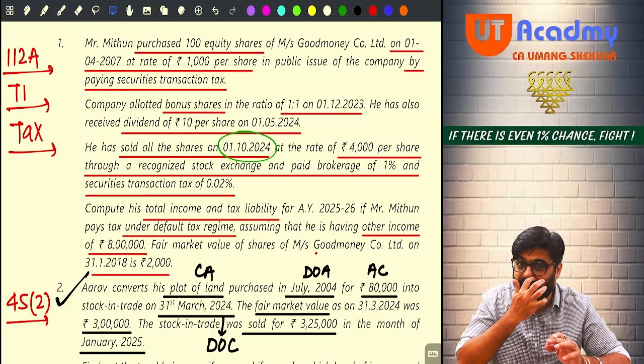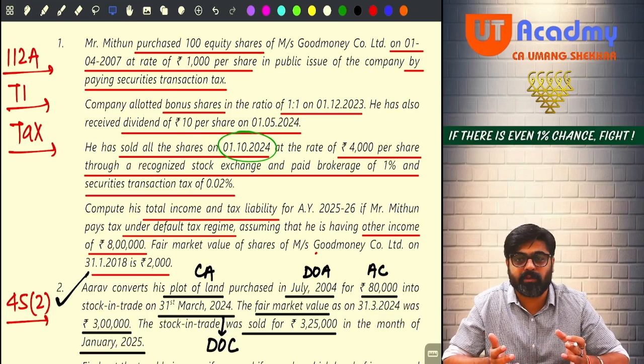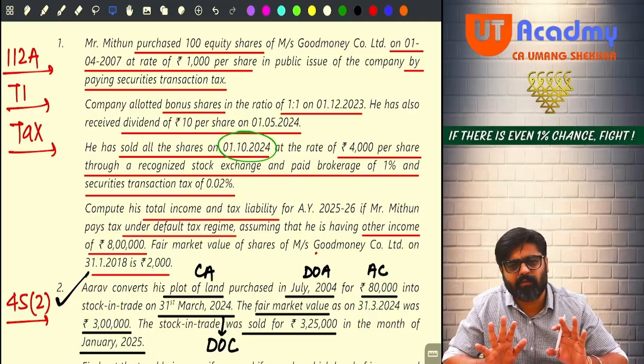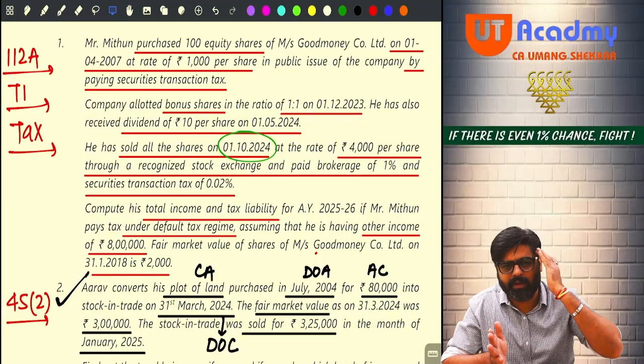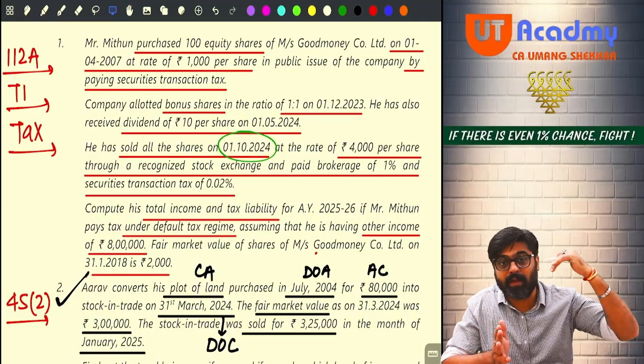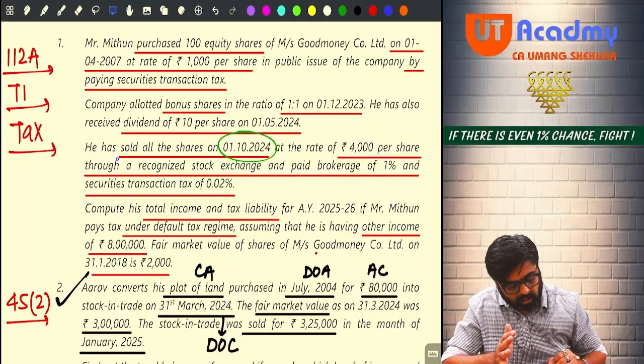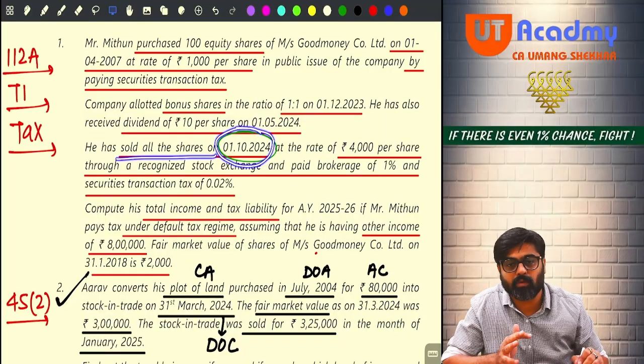Because students usually tend to get confused by looking at so many dates. Okay, don't get confused. First of all, in your mind, try to imagine what was happening, what had happened. Now he sold all the shares on 1st October 2024.